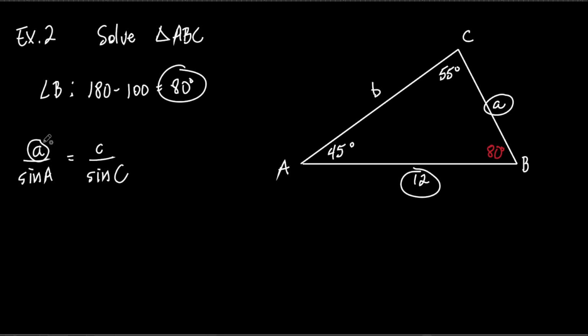Now, the reason I like to write it like this sometimes: if I solve for the side, I've got to get A by itself. How do I get rid of this sine of A? Well, I'm dividing by it, so what do I do if I divide by something? How do I get rid of it? I multiply by it, correct? So what am I going to do over here?